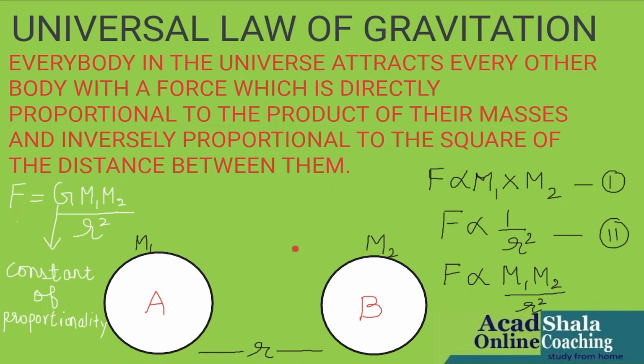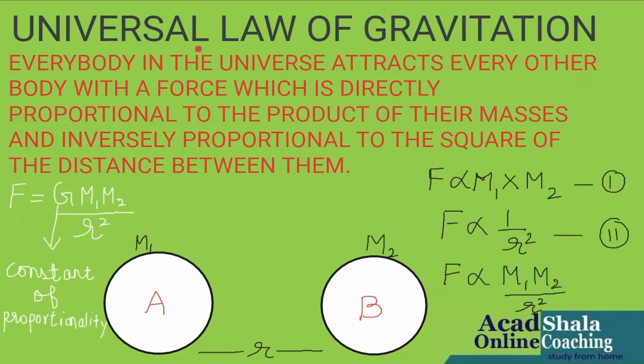So, now we have to understand all these things with the help of the universal law of gravitation. We cannot understand with only the definition. So, what we have to do is understand all these things which we are going to study now.